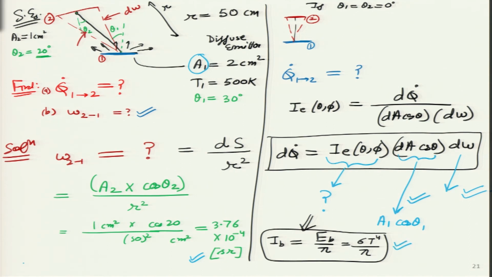What I am going to do is plug all these three expressions, which I have given over here, into the next slide. On the next slide I can directly write q dot 1 to 2 is simply I e, and instead of I e I will write I b, dA1 cos theta 1 into d omega.